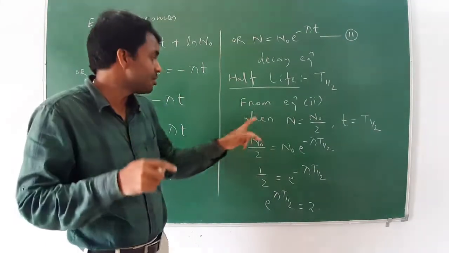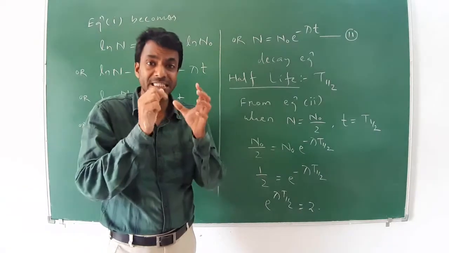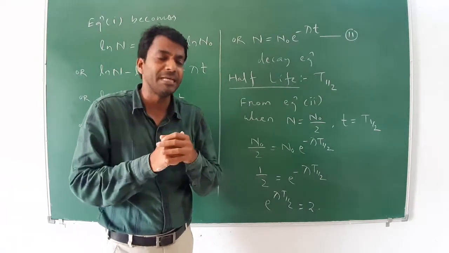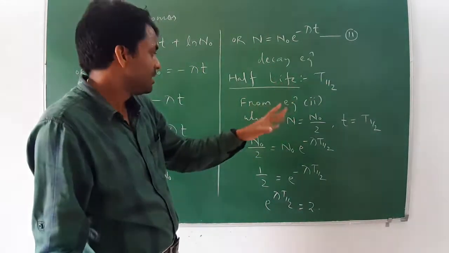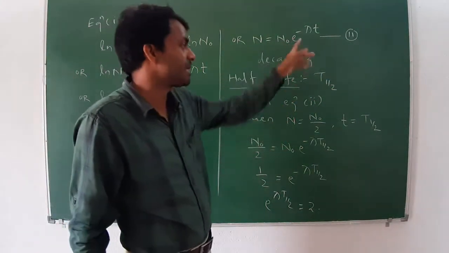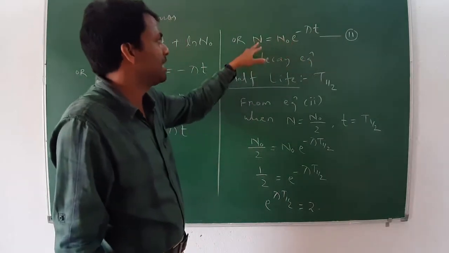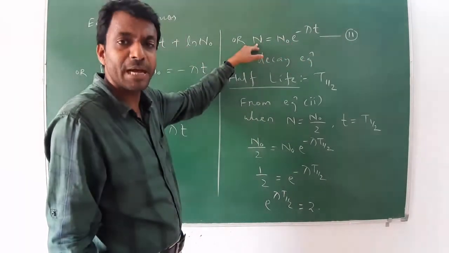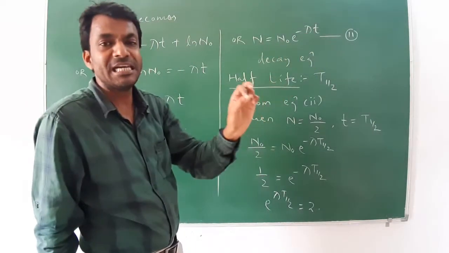So N is equal to N0 by 2, and that small t, that instant, is known as the half-life and denoted by T half, T 1 by 2. Now in equation 2, I will put N0 by 2 in place of N and capital T half in place of small t.